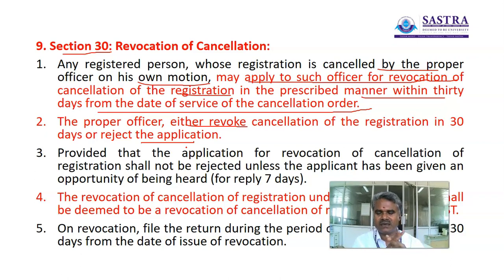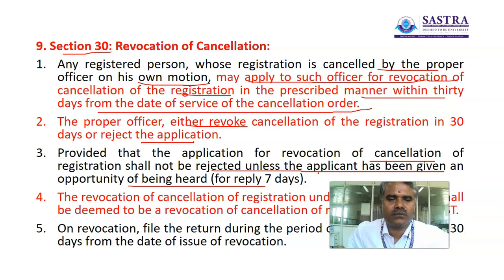your application for revocation of cancellation approved. Provided that the application for revocation of cancellation of registration shall not be rejected unless the applicant has been given the opportunity of being heard, with a reply within 7 working days. The revocation should be done only after getting the proper reply from the applicant within 7 days. Then only the proper officer will do it.